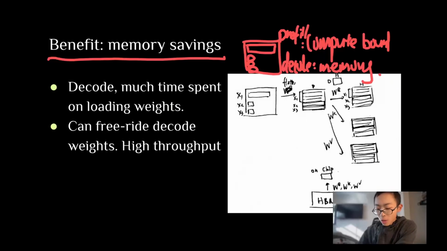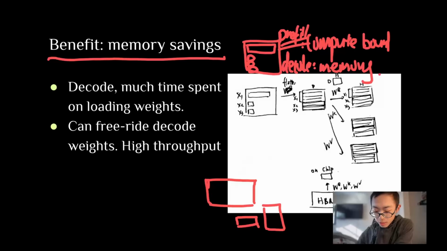Because decode calculation is very simple, just one vector times a matrix, whereas prefill is a huge long matrix times a huge matrix, because the input length can be 1024, whereas here the input length is 1 for decode.